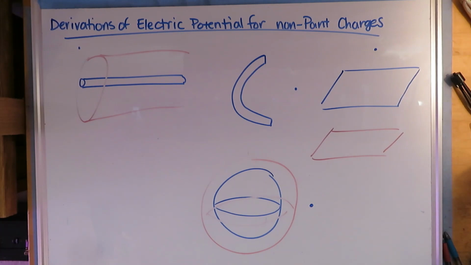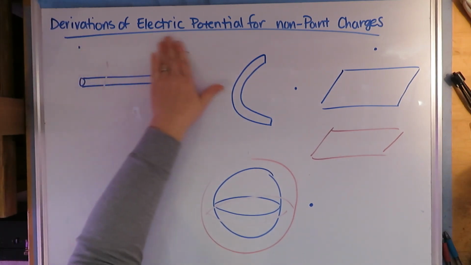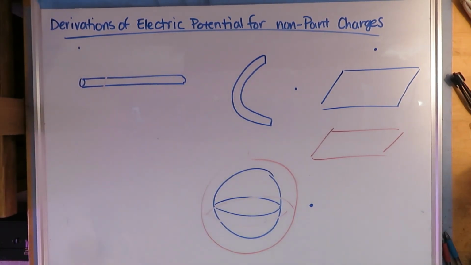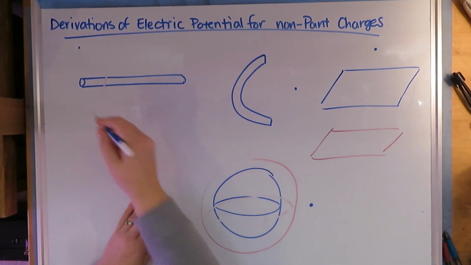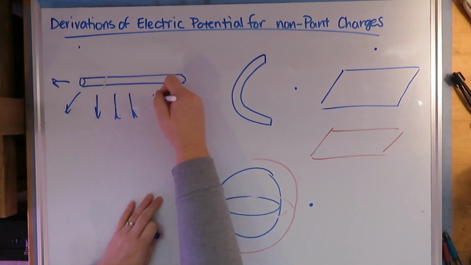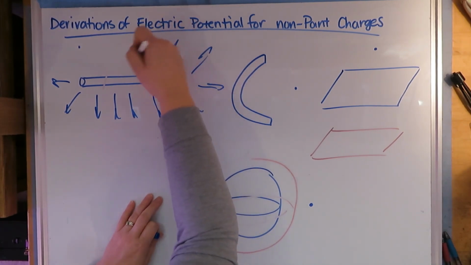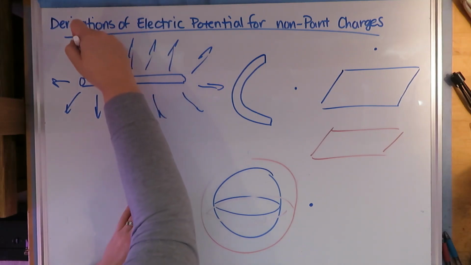So, for example, if I wanted to look at this rod, if this was a finite rod here, then unless they specifically tell me to ignore edge effects, I have to assume that this electric field points out something along these lines. That's not a very good drawing, but close enough.